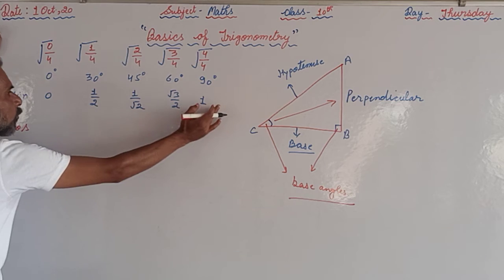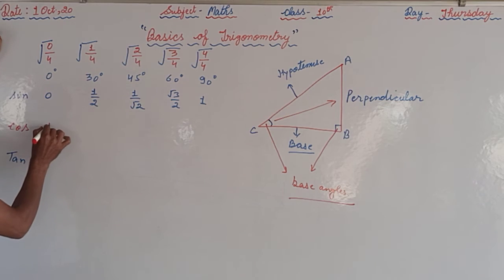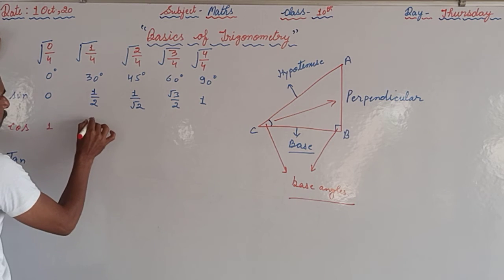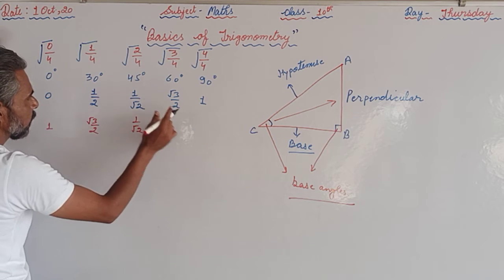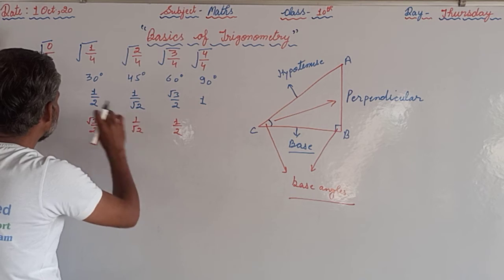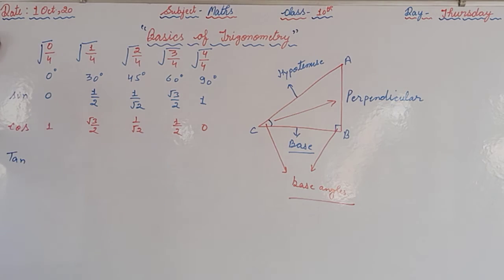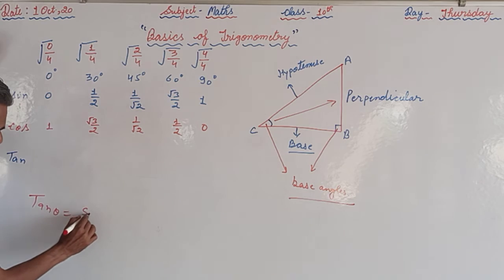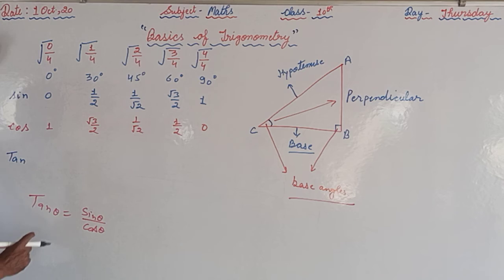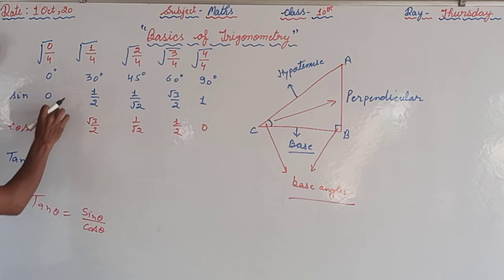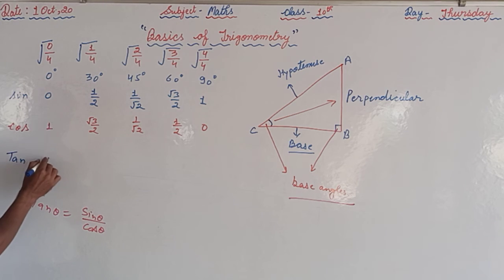For cos we start from the other end: 1 will come first, then root 3 by 2, then 1 upon root 2, then 1 upon 2, then 0. Tan theta is equal to sin theta upon cos theta. 0 divided by 1 is 0.